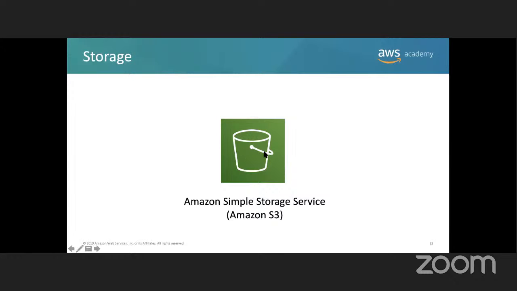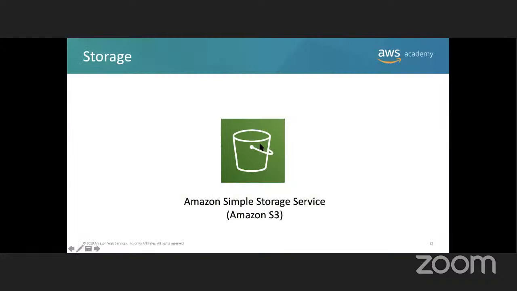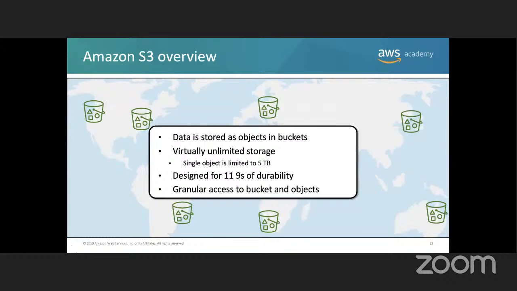So a bucket is the container, if you could call it that way, or resource where the objects are going to be stored, okay? Like it says here, data is stored as objects in buckets, right? Buckets are virtually unlimited, so you can store as many objects as you want.